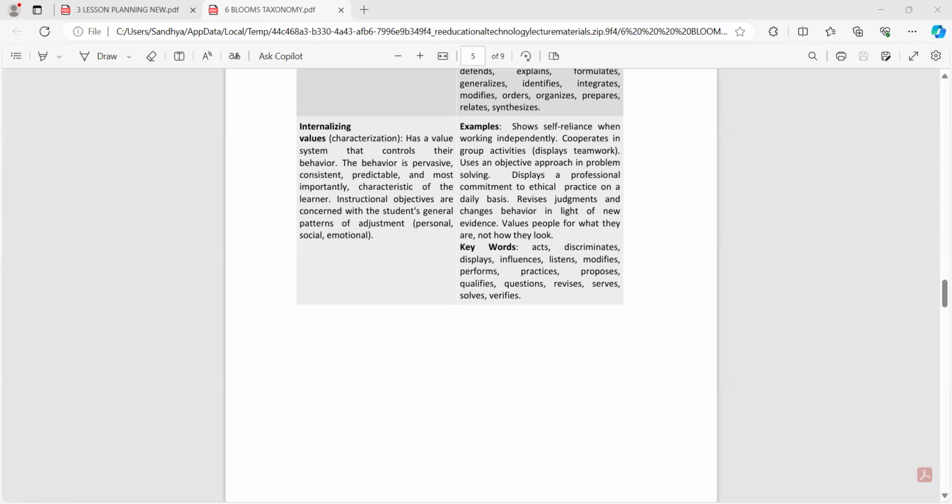So hereafter, even if you don't write lesson plans, I prefer if you can write lesson plans. When it is not a must, you don't do that. But at least take a piece of paper and plan your lesson, and first think from this lesson, what are the lesson objectives, specific objectives related to the three domains. It will bring about a dramatic change in your teaching and in the students' learning.